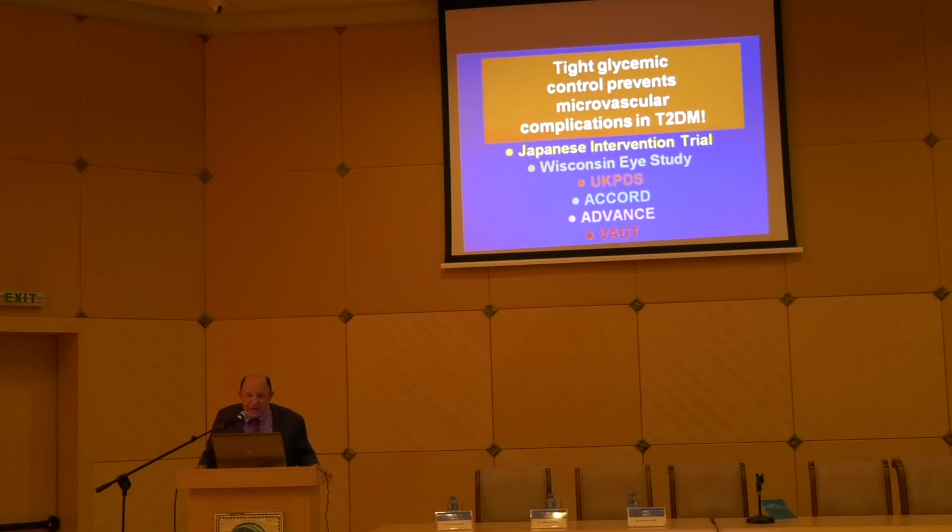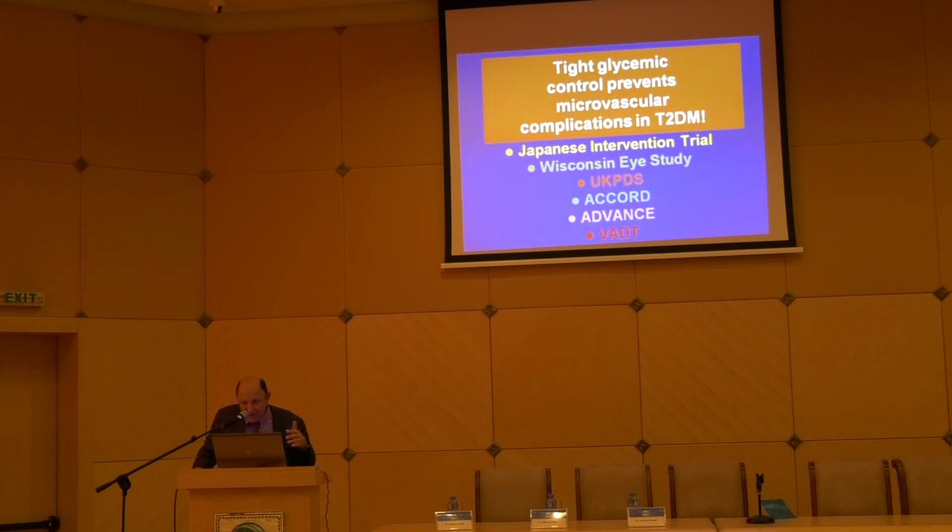There are also very good data that if you intervene with ACEs and ARBs in the microalbuminuric stage, you can prevent the progression. So I would say now, in people who are at risk, we need to be following the microalbumin excretion. Once we see the development of microalbuminuria, these people should probably be put on an ACE and/or ARB plus an SGLT2 inhibitor, and you really need to tighten up the glycemic control in these patients.